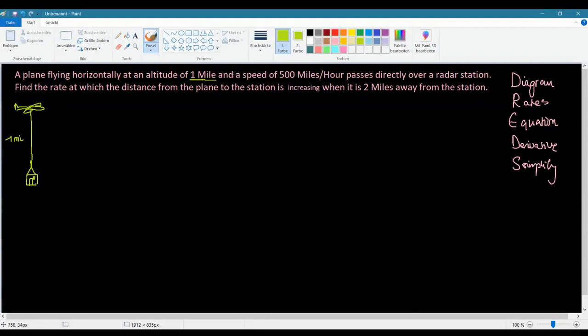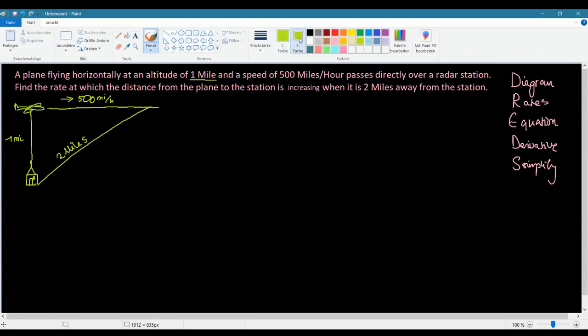So we have the plane, and we know that the speed is 500 miles per hour, and the plane is going this way at a rate of 500 miles per hour. We want to know when this length right here, when the plane is 2 miles away from the radar station.